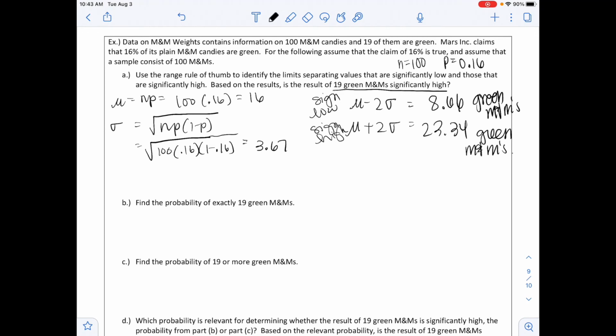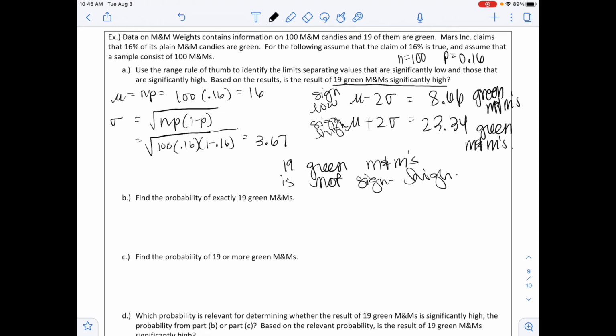Significantly high would mean that 23.34 or larger are considered significantly high. So 19 is not significantly high. It's also not significantly low. I know it doesn't ask that, but significantly low would be anything less than that 8.66.